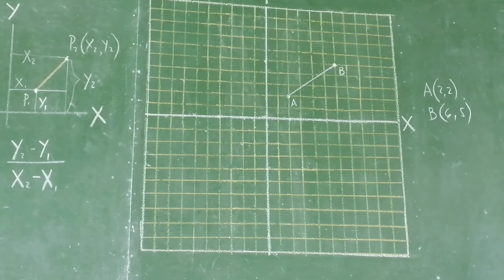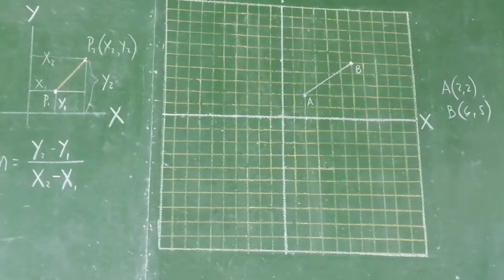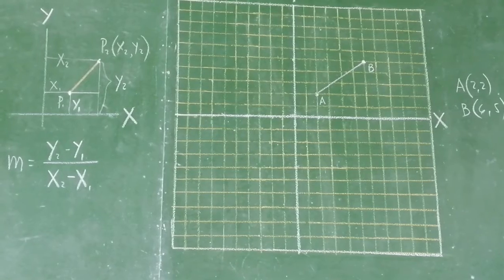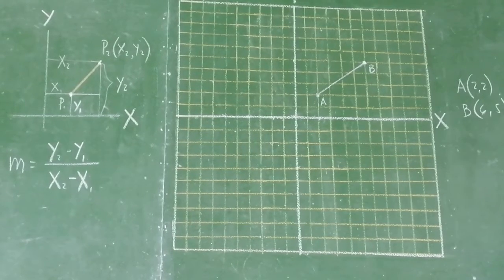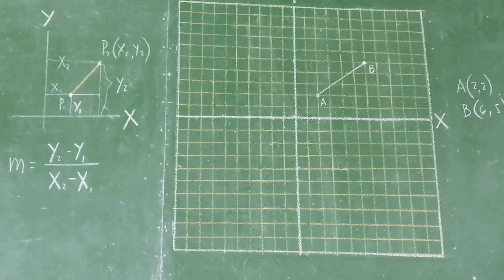So when we have 2 points with coordinates, let's say point 1 with coordinates x sub 1, y sub 1, and point 2 with coordinates x sub 2, y sub 2, then m, the slope, is represented by y sub 2 minus y sub 1 over x sub 2 minus x sub 1.